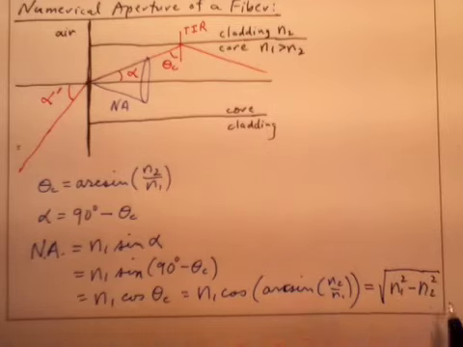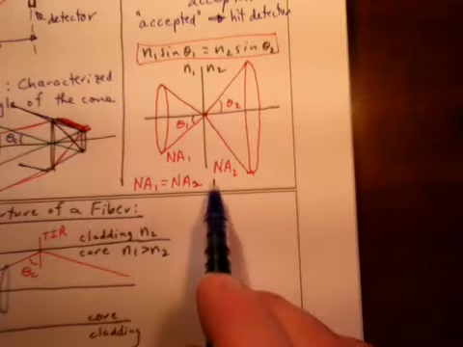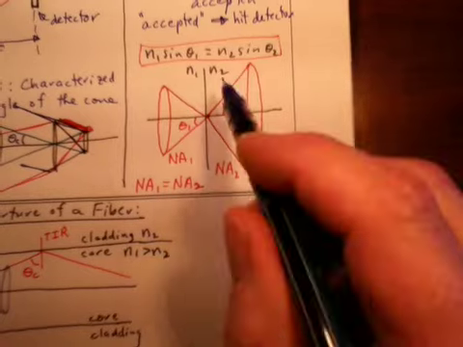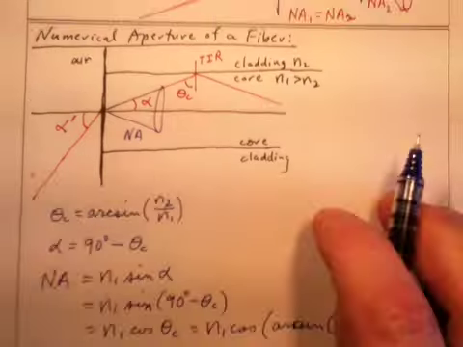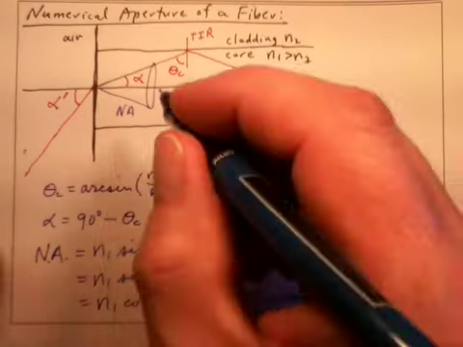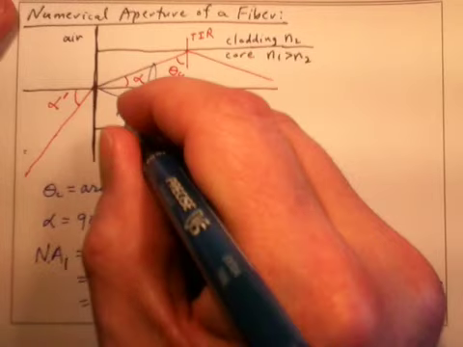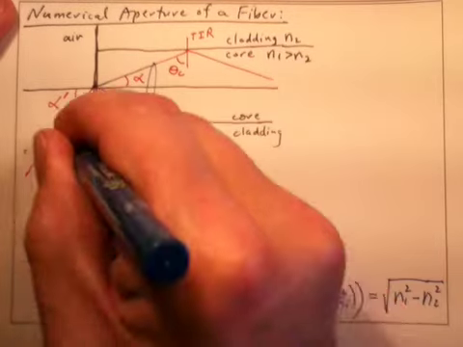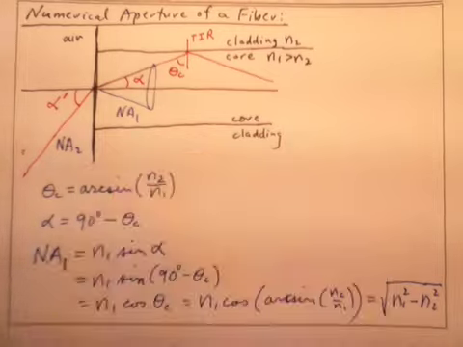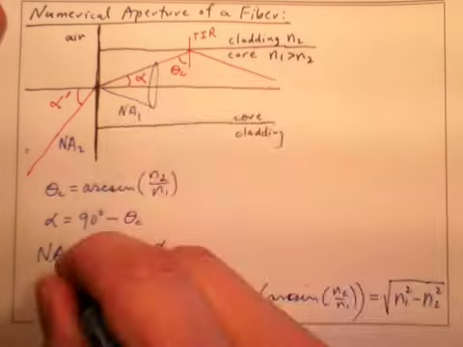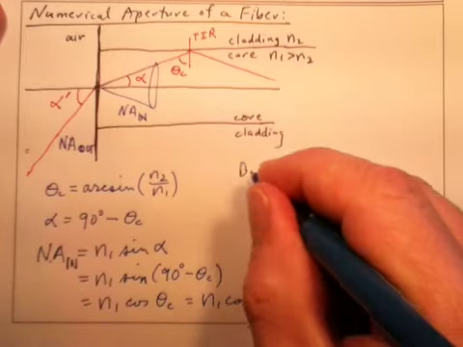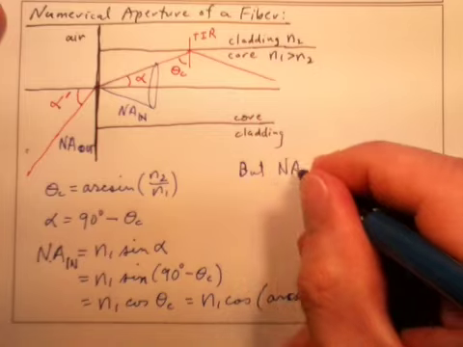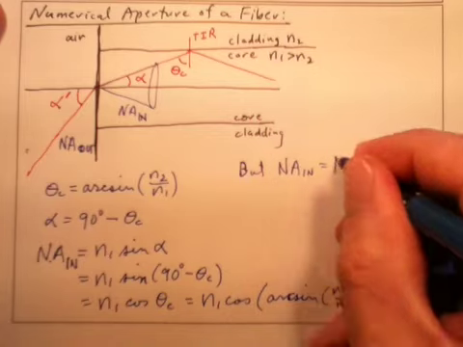Okay? But we've also shown in this previous diagram that the numerical aperture of a cone doesn't change upon hitting a planar interface normal to that interface. And so we know that this numerical aperture inside, let me call it numerical aperture in, is equal to the numerical aperture on the outside, numerical aperture out.